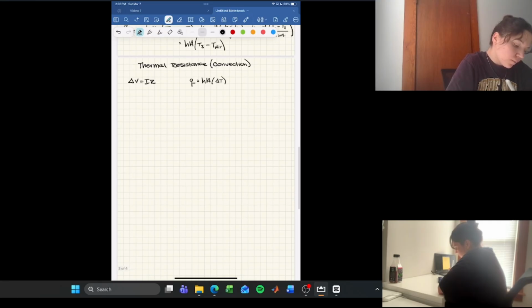And we already related the change in voltage to the change in temperature. So let's set those equal, and say that it's equal to the heat flux times 1 over h times the area. So then this part here is the thermal resistance by convection.